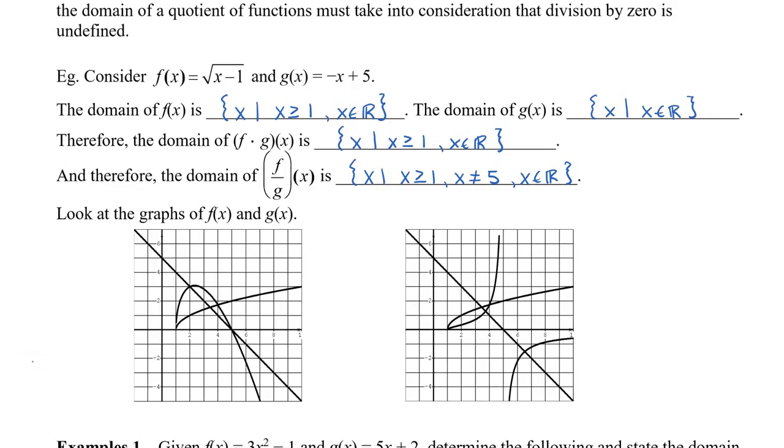Now, so that you can have a better visual, let's take a look at the two graphs here. So this first graph here, I'm going to outline in blue. This is the square root of x minus 1. And then we have negative x plus 5, which I'll outline in red.